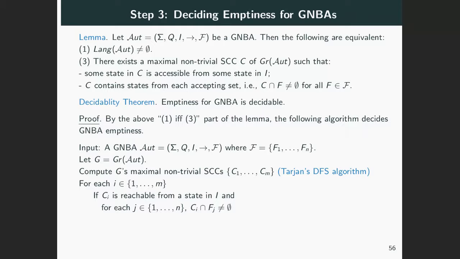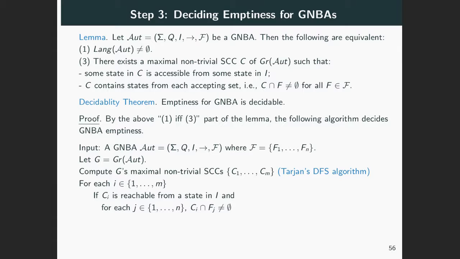Then, for each maximal non-trivial strongly connected component Ci, we check that it is reachable from some initial state. Again, a computable step. We start with the initial states and compute their successors, and then the successors of their successors, and so on.